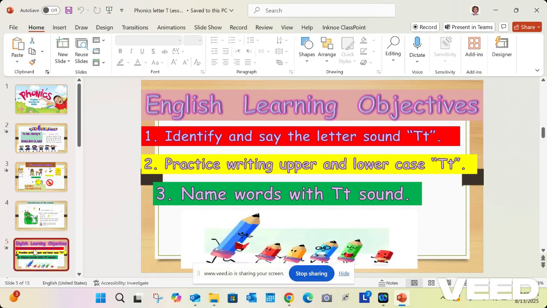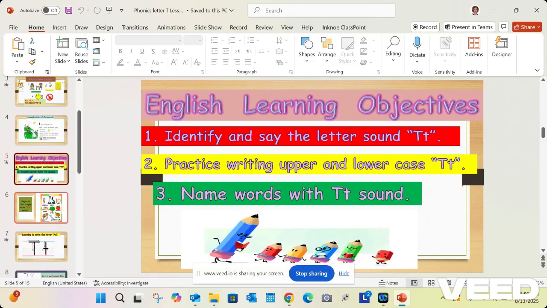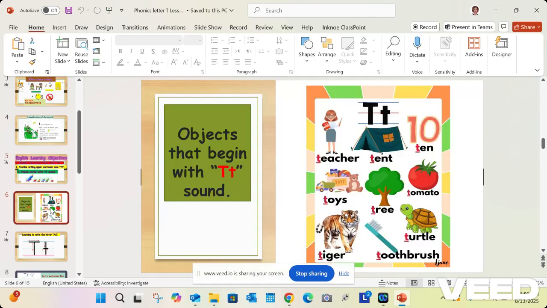Now let's see what Miss Radi has. I have something here. Objects that begin with a T sound. So I have teacher, yes. T, t for teacher. Then T for tent.